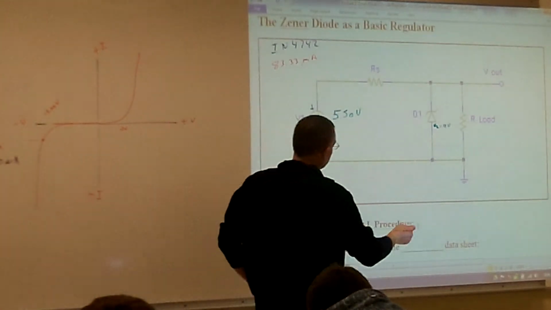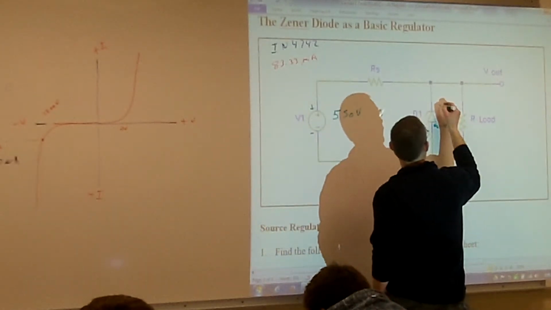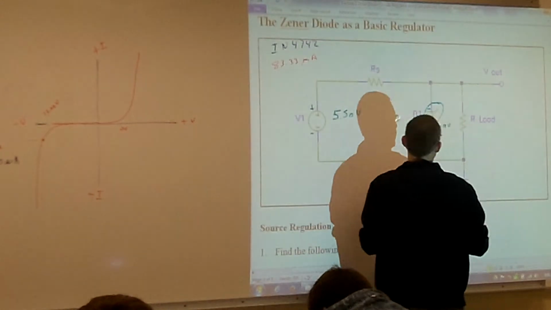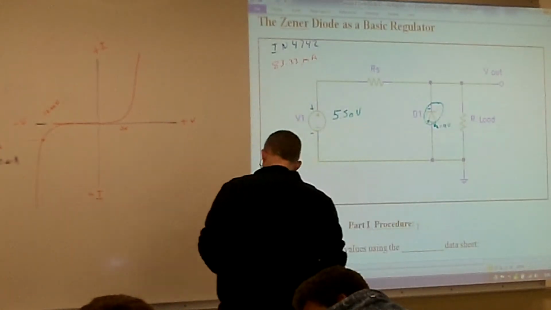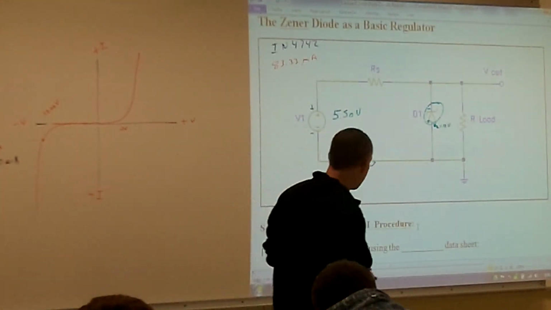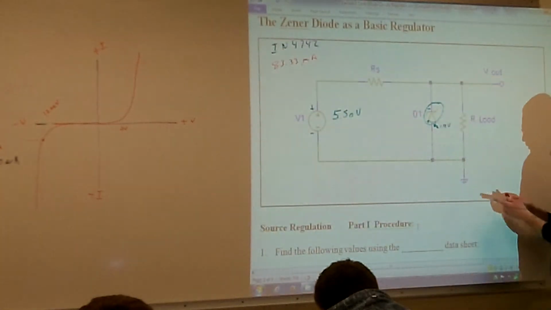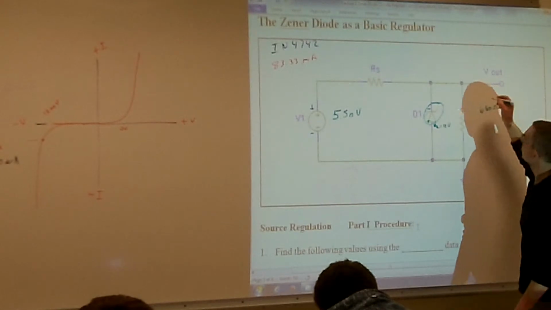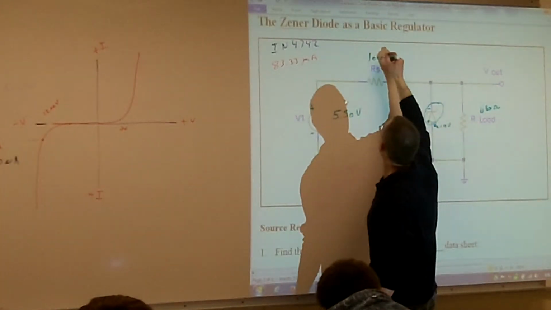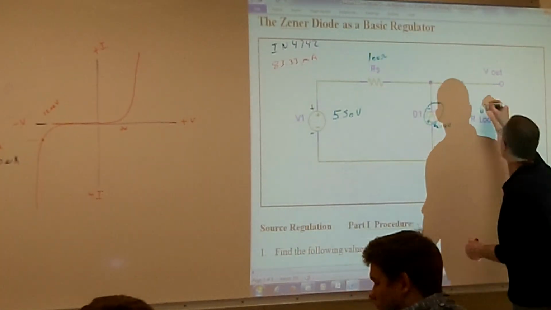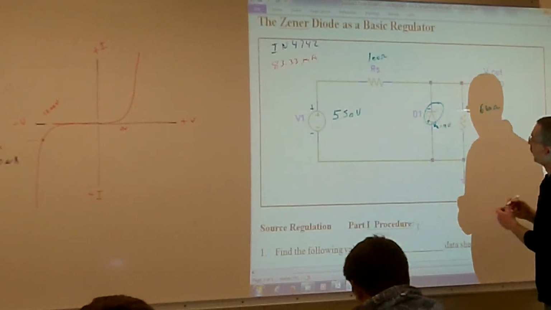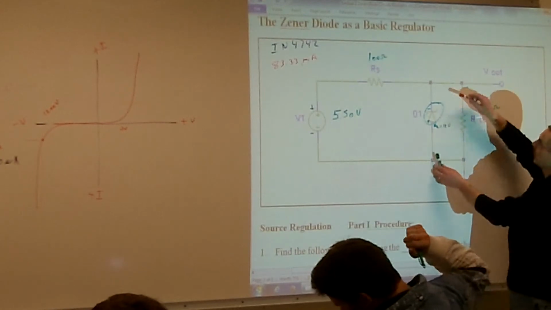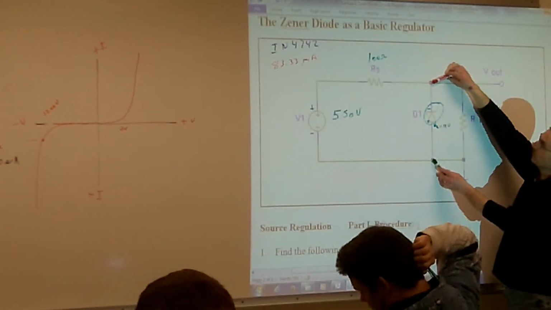When we're analyzing our Zeners, we're going to circle our active component, put in our polarities, bring over our soft voltages. So I have a 680 ohm resistor here, 100 ohm there. We're going to treat that diode as an open, and then bring our soft voltages over.